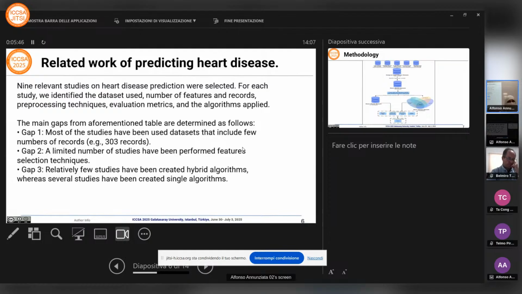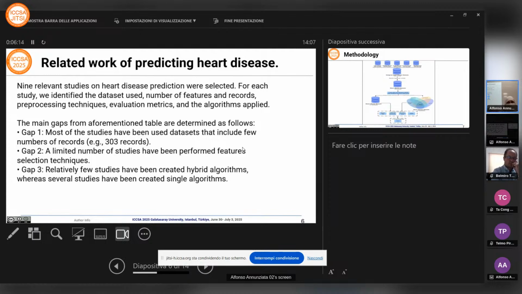The first one, most of the studies have used data sets that include a small number of records, about 300 records. So this is the main gap. The second one, a limited number of studies have performed feature selection techniques. And the last thing, relatively few studies have created hybrid algorithms, whereas several studies have created single algorithms.